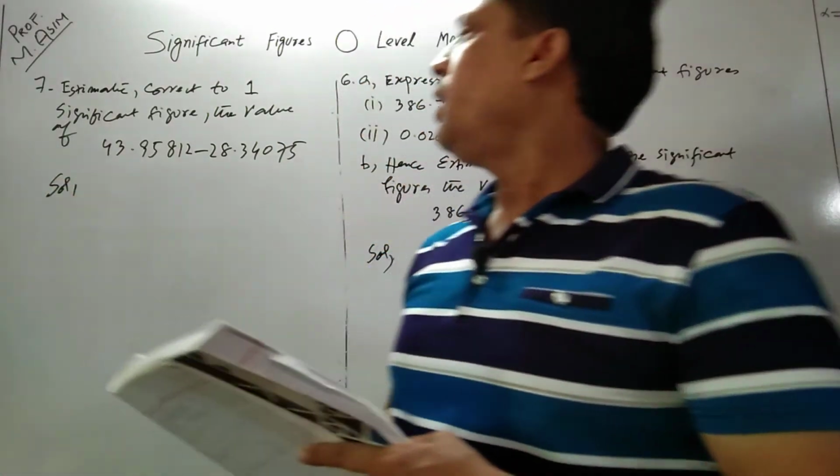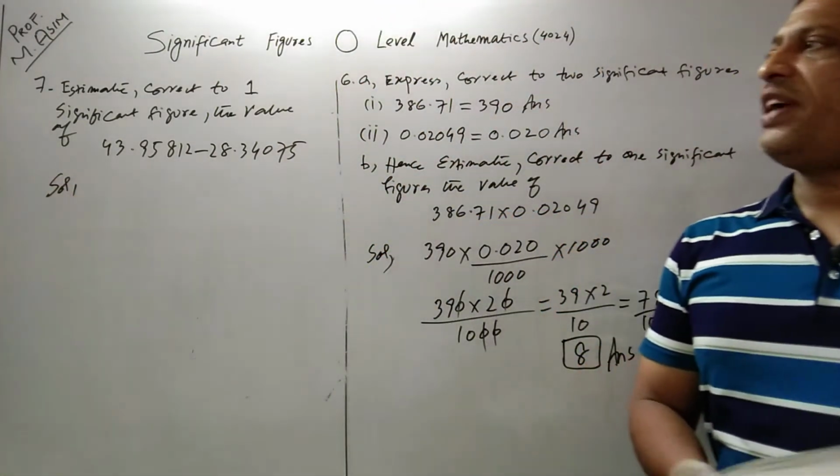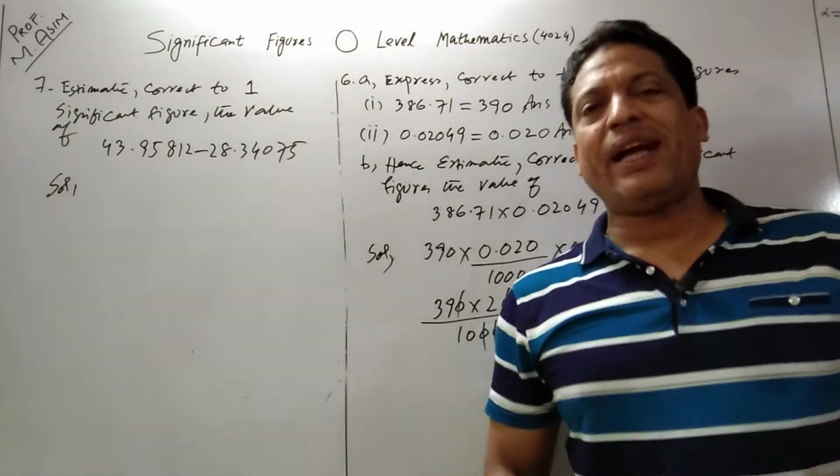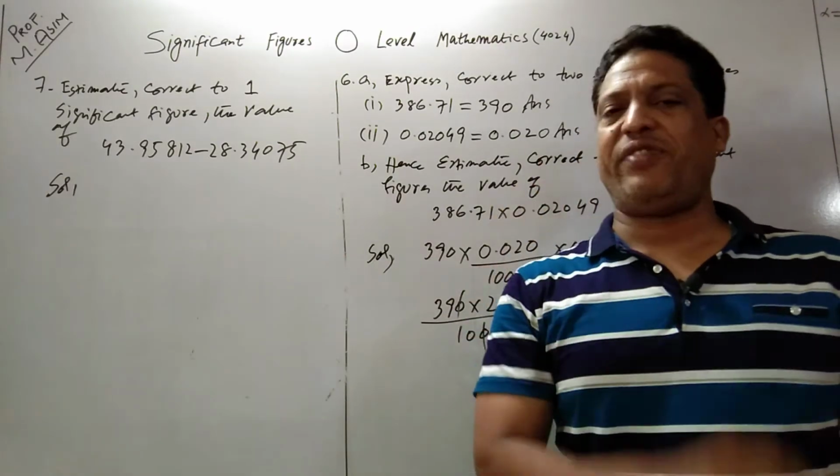Solution. Estimate correct to one significant figure means first you have to estimate, then you have to write the answer in one significant figure.